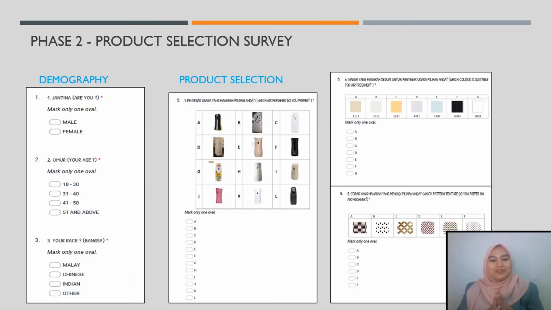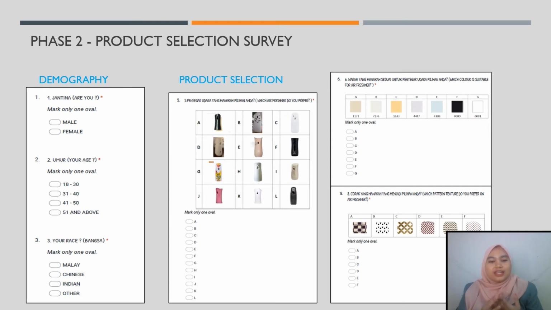Okay, now we move to phase 2. This is the first survey that I have done, which is the product selection survey. The first part, as you can see, is the demography part. I am asking about the gender, the age, and as well as the race. For the product selection part, these are 3 examples of the questions.